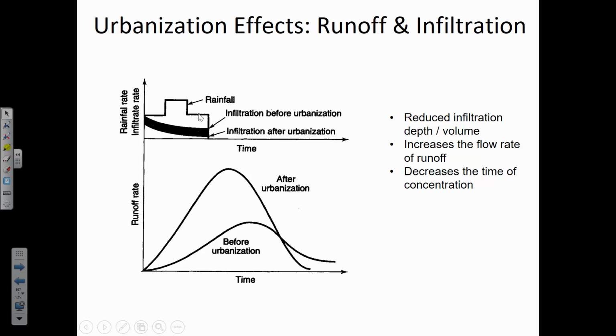And then the physical response to that rainfall intensity is the hydrograph that we have here. On the horizontal axis is time, the vertical axis is runoff, and the 2 curves represent before urbanization and after. So there's 2 important characteristics that you have to keep in mind for what happens during urbanization. Urbanization is going to move the peak to the left, and it's going to make the peak higher.